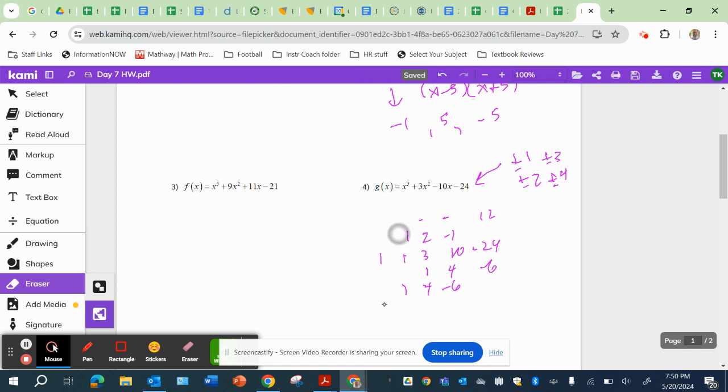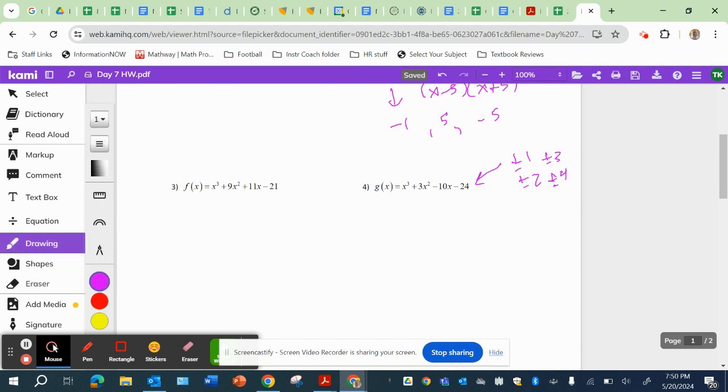If you have a calculator, you can graph it and kind of cheat and know which factor to use. You probably have to verify it, but you can find the x-intercept. So I'm going to try 2.